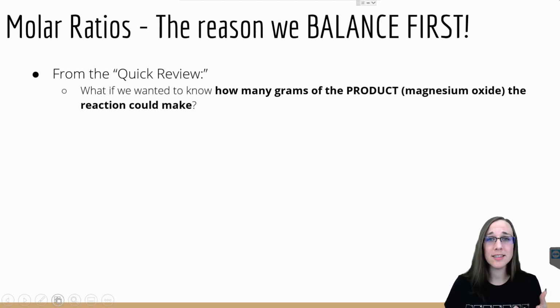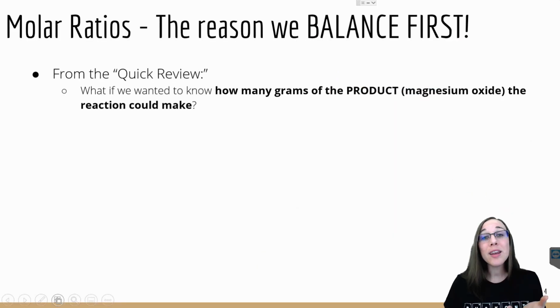If you were trying to synthesize, let's say, biodiesel fuel from oil, that's something that I did a research paper on when I was back in college days, so long ago. When you want to synthesize something like that, you want to know how much biodiesel fuel could you make from a certain amount of oil.